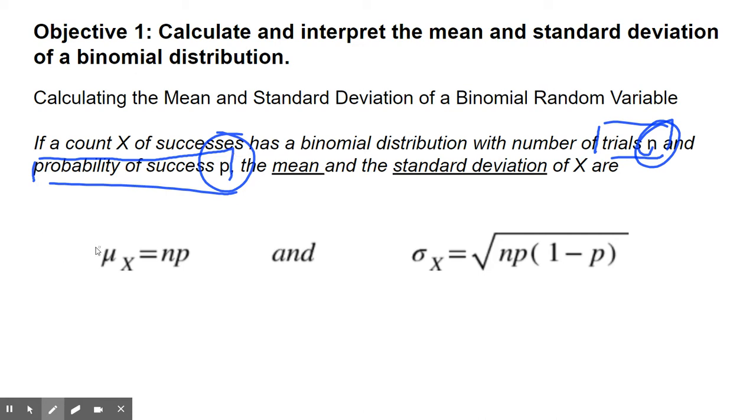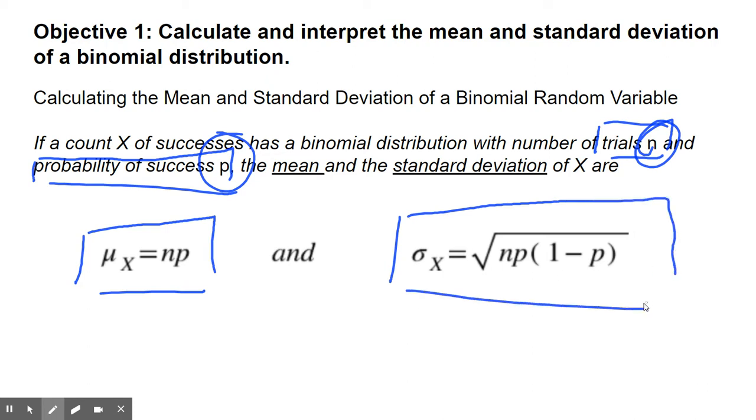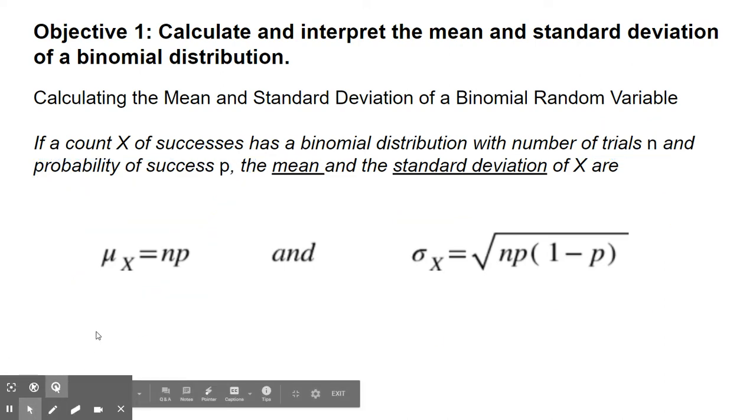To find the mean of a binomial random variable, it's just n times p. And to find the standard deviation, it's the square root of n times p times 1 minus p. So again, you don't have to memorize these two formulas, but make sure that you can use them.